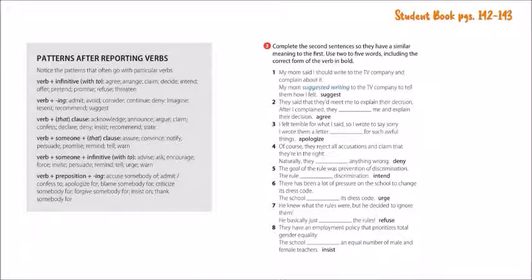Verb plus that and the clause. We have acknowledge, announce, argue, claim, confess, declare, deny, insist, recommend, and state. Okay, so let's have an example. It says acknowledge that they came to class, or I acknowledge her for her work. I announced them as soon as they arrived. I argued that wasn't the correct answer.